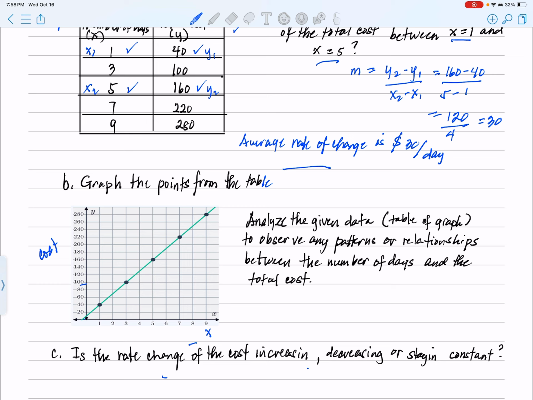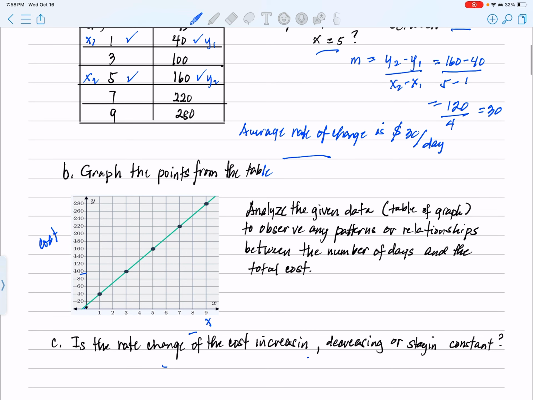All right? The rate of change of the cost is staying constant. Why is it constant? We start here 40, then it is 100. So I mark here 40, 100. Then it is 160, then you have 220, then you have 280.